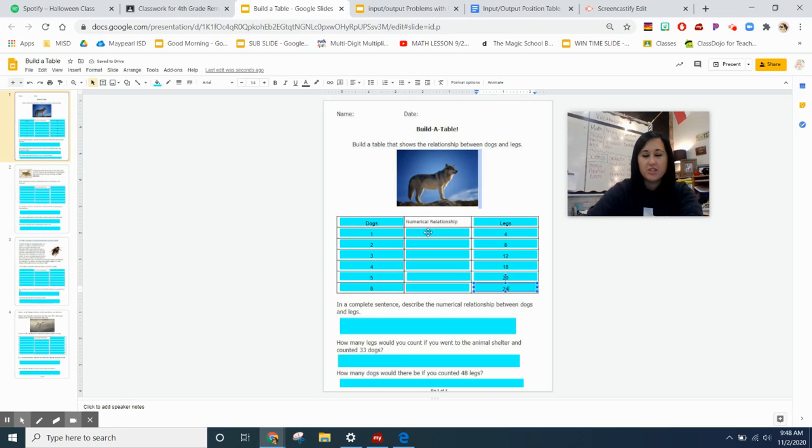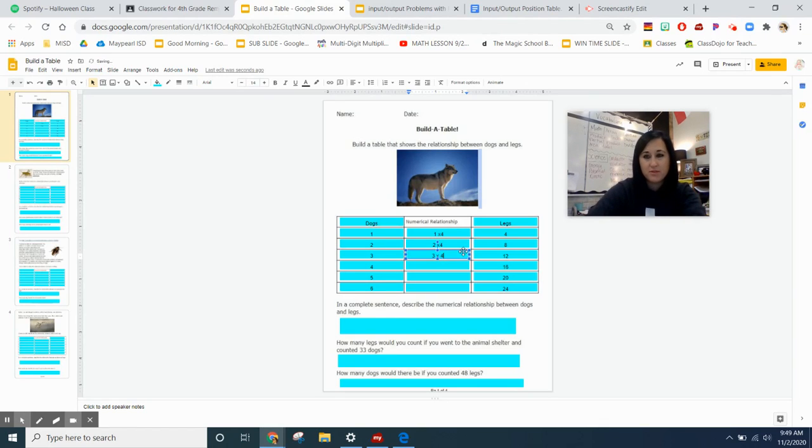Then you're going to come up with the relationship or the expression or the rule from the number of dogs to legs. So 1 dog has 4 legs, so that's 1 times 4. 2 dogs have 8 legs, so that's 2 times 4. 3 dogs have 12 legs, so that's 3 times 4.